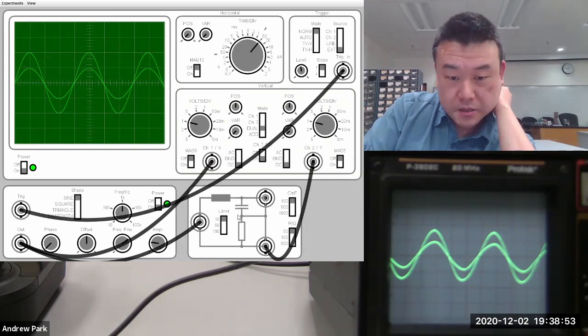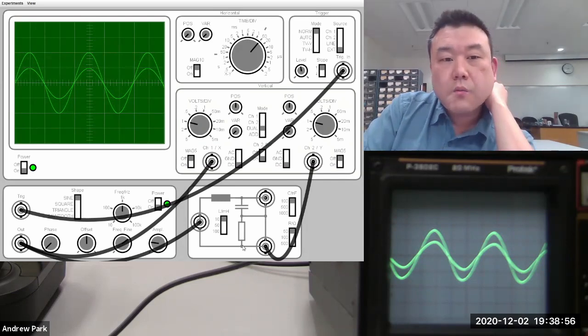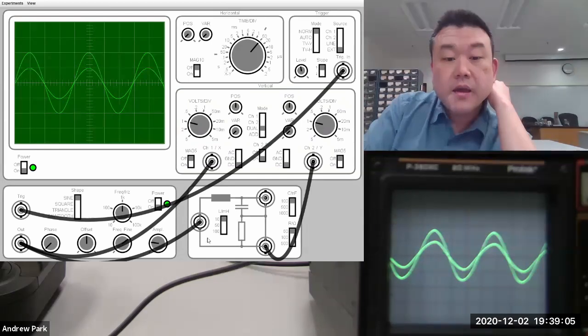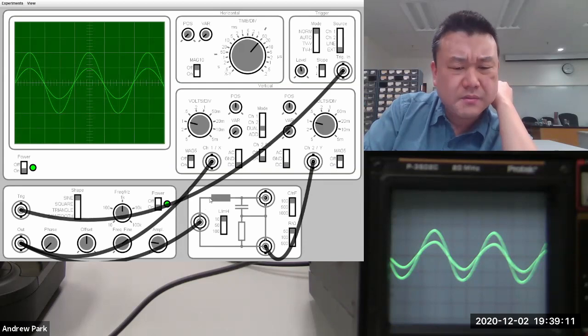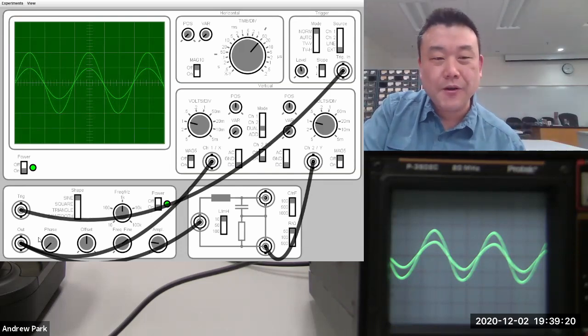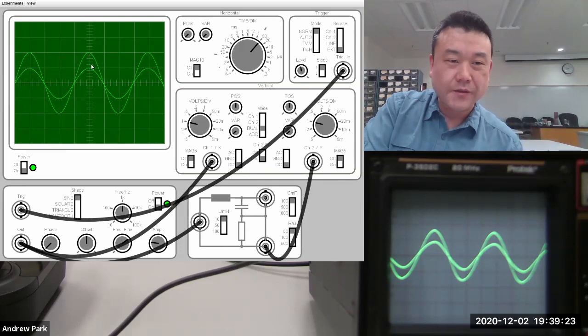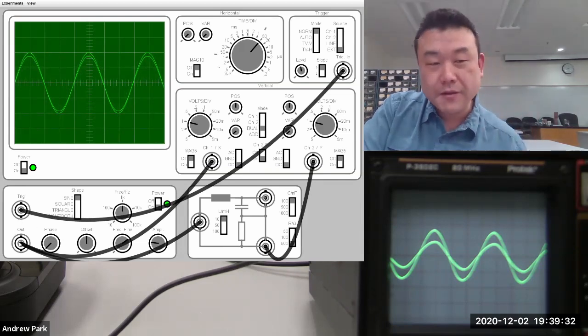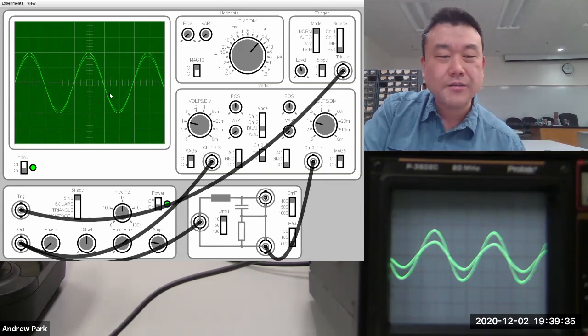So even though in the circuit you have a 50 ohm resistor, what your real circuit actually has is another 50 ohm resistor in series with it. So this has an output impedance of 50 ohm. That actually does explain this factor of a half. If this resistor is higher, which makes the output impedance of the function generator less relevant, then the output signal matches the input signal more.